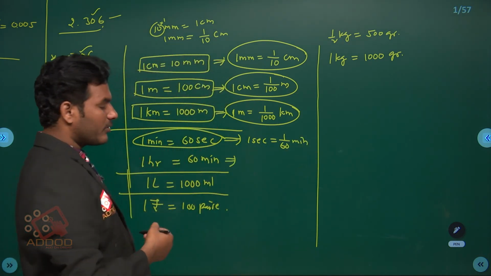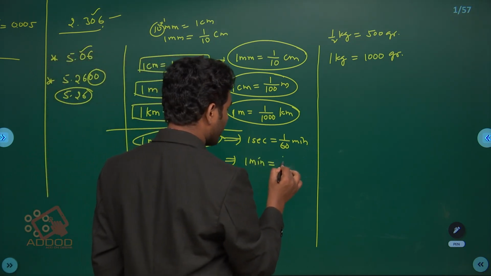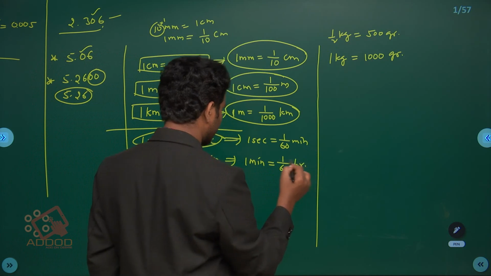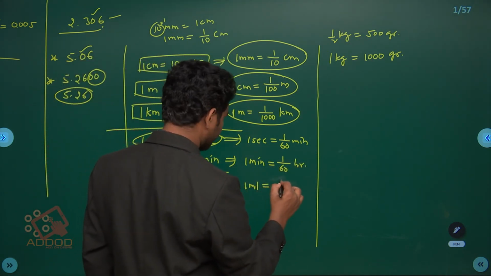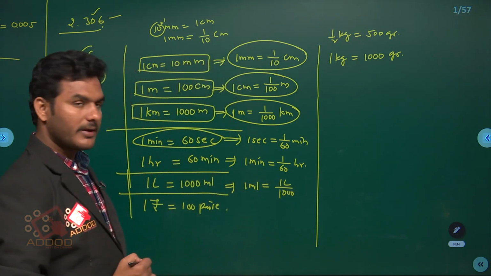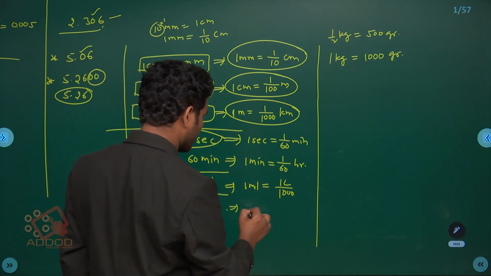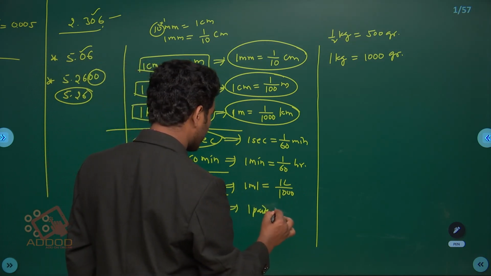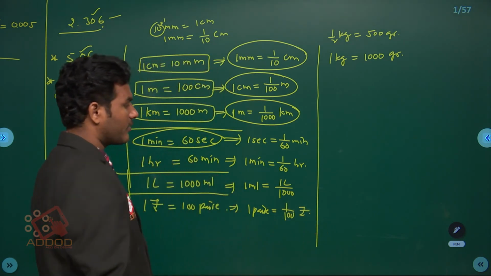Now 1 hour is equal to 60 minutes, so 1 minute is equal to 1 by 60 hour. 1 ml is equal to 1 liter by 1000. Now 1 rupee is equal to 100 paise, so 1 paise is equal to 1 by 100 rupees.